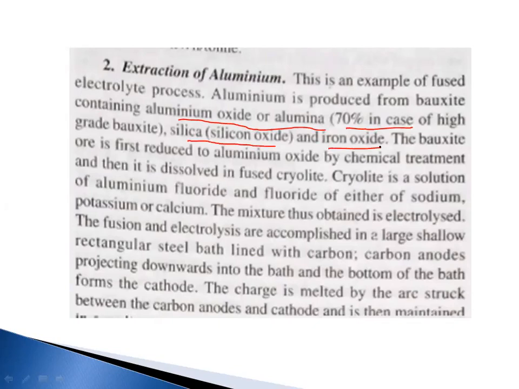That means we can get the aluminium from aluminium oxide or alumina, silica, and iron oxide.